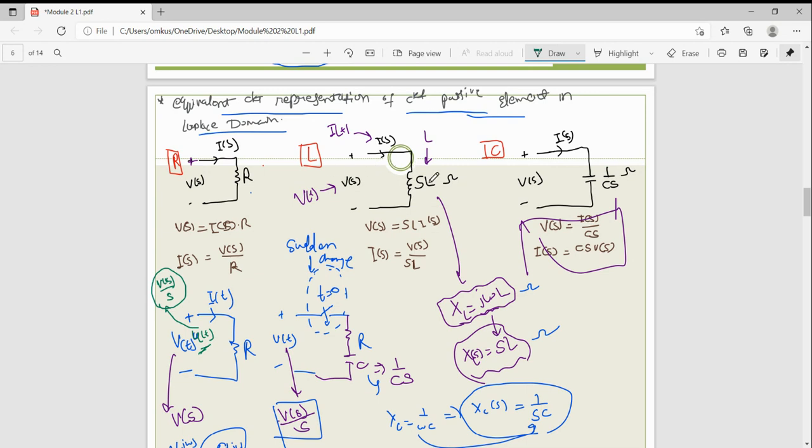Similarly for inductor, this is I of s and this is sL, because L is replaced with sL. And see, there is no other function given, meaning unit step or any other, so you can directly replace this v of t in terms of v of s, and this i of t in terms of I of s. Then by Ohm's law you can find out this I of s.